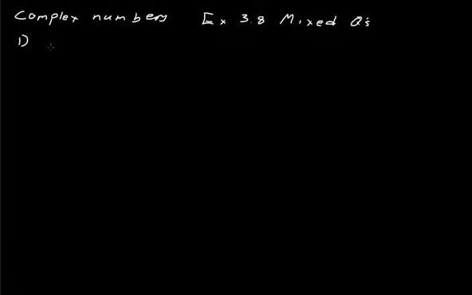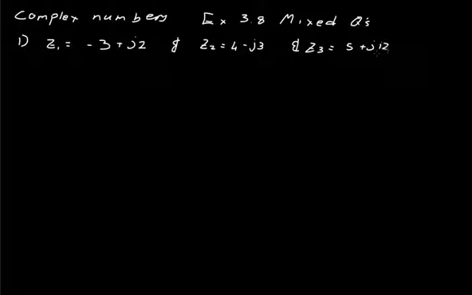Number one, given that Z1 equals minus 3 plus j2 and Z2 equals 4 minus j3 and Z3 equals 5 plus j12. The question is, calculate a, Z1 plus Z2 minus Z3.